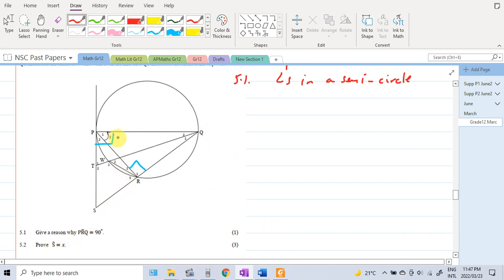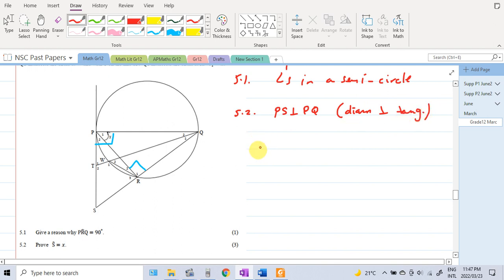How is angle S equal to X? Very simple. We've got angle P2, 5.2. So we need to say PS is perpendicular to PQ, diameter perpendicular to tangent.